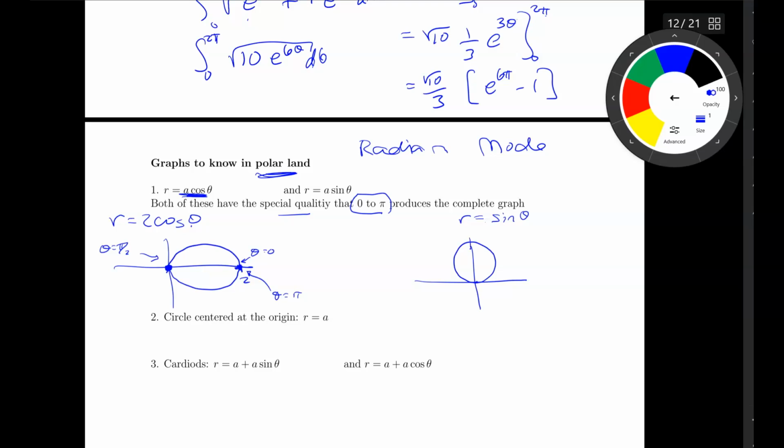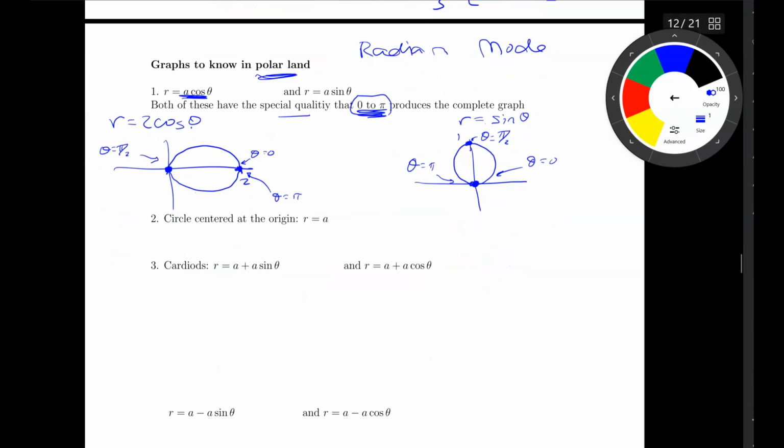The a in this case is 1, so this would be the number 1. This would be angle 0, because sine of 0 is 0, so that gives me r equals 0. This would be theta equals pi over 2 right here, and then angle pi would bring me back to 0 again. So for r equal a cosine theta and r equal a sine theta, you have to kind of know that it just takes 0 to pi to go all the way around.